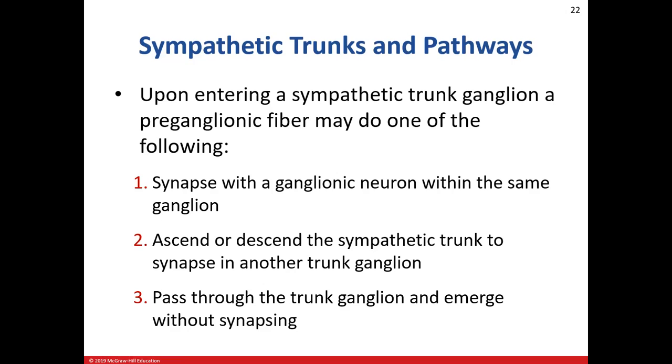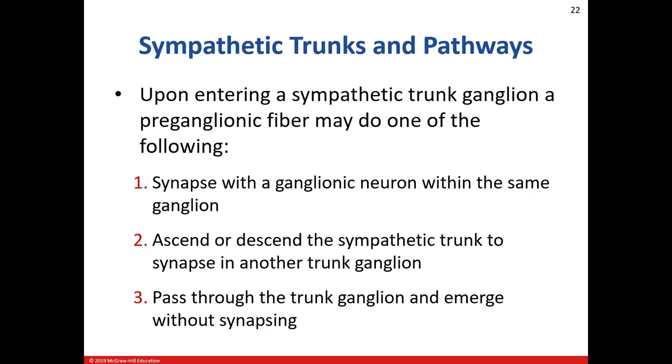It can ascend or descend the sympathetic trunk, and it can actually then synapse with another sympathetic trunk ganglion. Or thirdly, it can pass through the trunk ganglion and emerge without synapsing. In these cases, it's often going to synapse with a ganglia that is located very close to the effector organs.